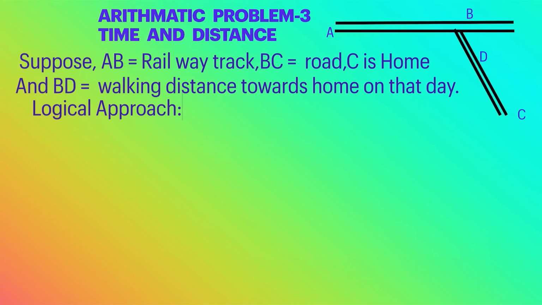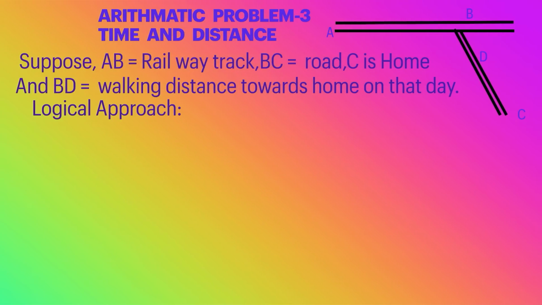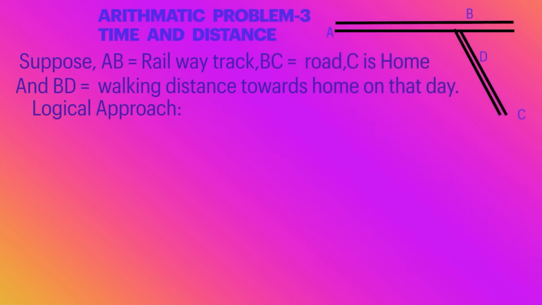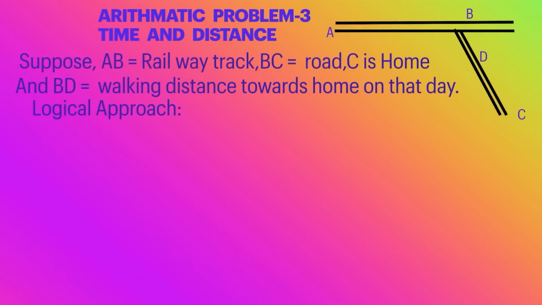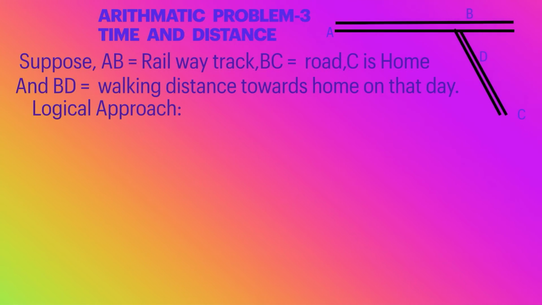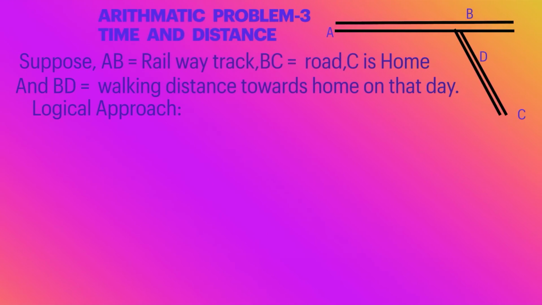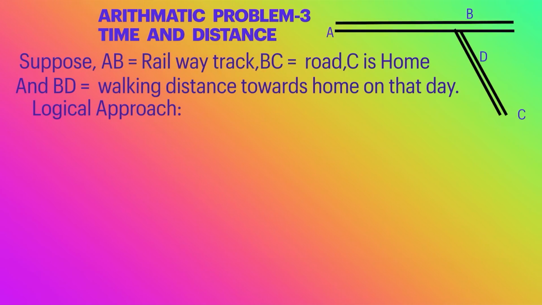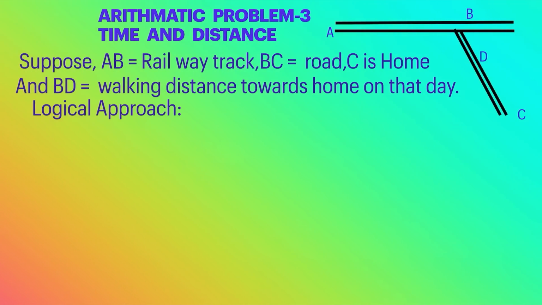If you go for a logical approach to find out the solution of this problem, I have earlier told you that you have to find out the point in the whole incidence, you have to imagine, and find out the point where the common distance is covered by different time, or the different distances are covered by the same time. Here we can compare the walking speed and the car speed.